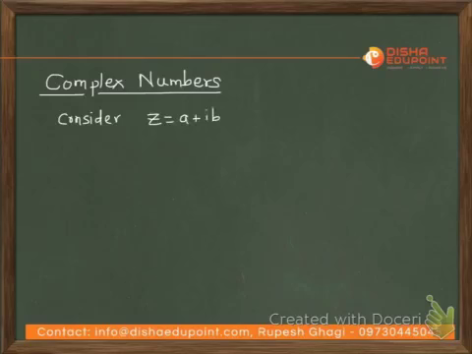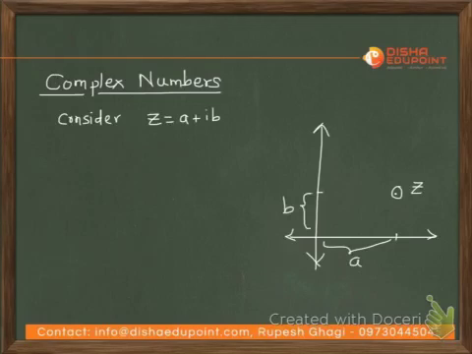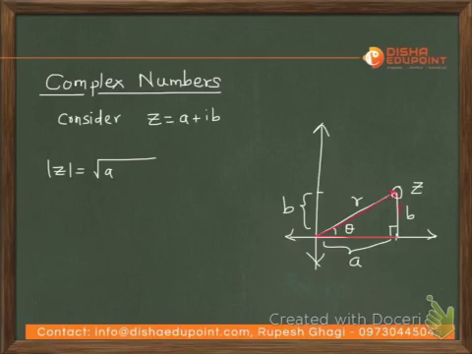Now consider z is equal to a plus ib, and we will plot this number on the Argand plane. So this is real part and imaginary part we have plotted, right? So this is the number z. This is real part a. This is imaginary part b. By Pythagoras theorem, we know r is equal to under root of a square plus b square.